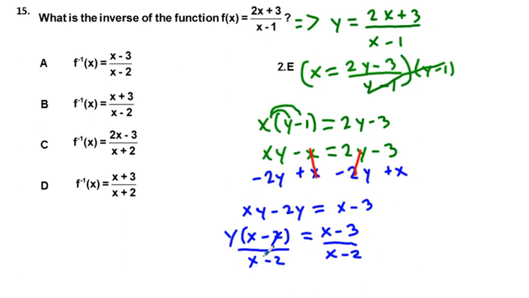and we have x minus 3 over x minus 2. So that should be what it looks like. I graphed this previously, so that's going to be f inverse of x equals x minus 3 over x minus 2. And then we go to our calculator.